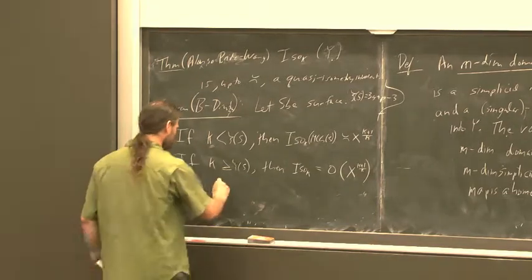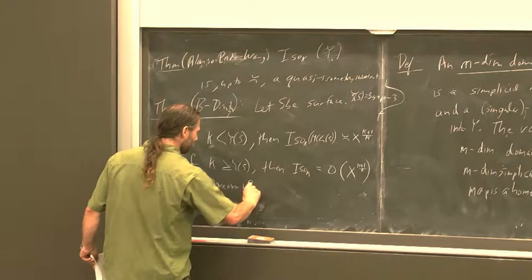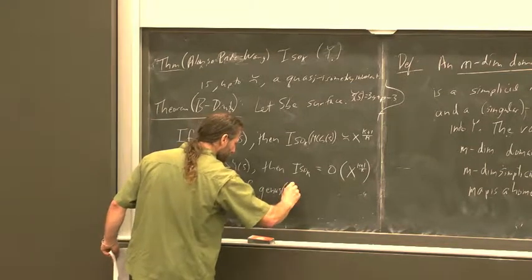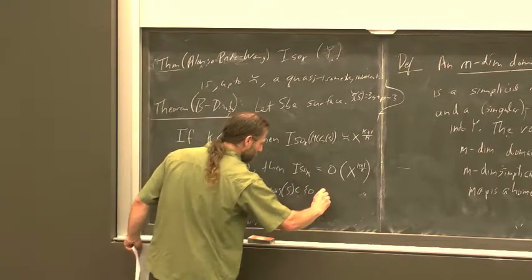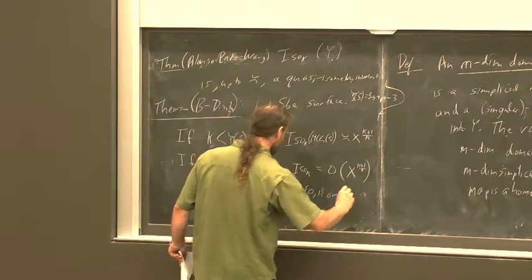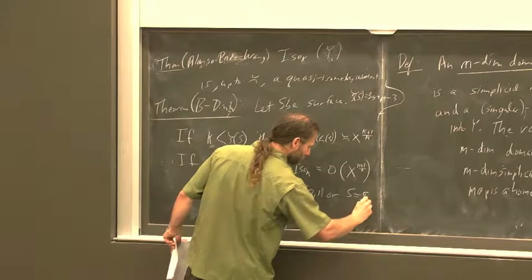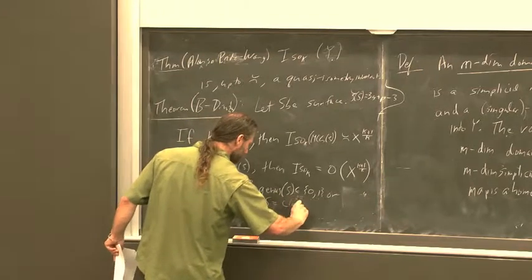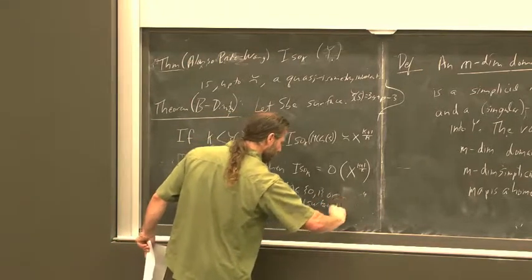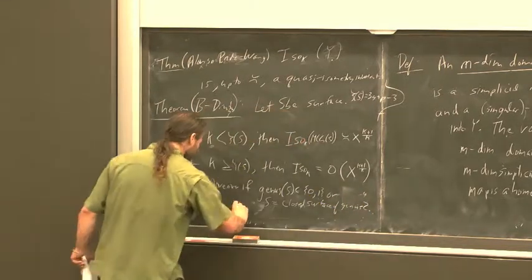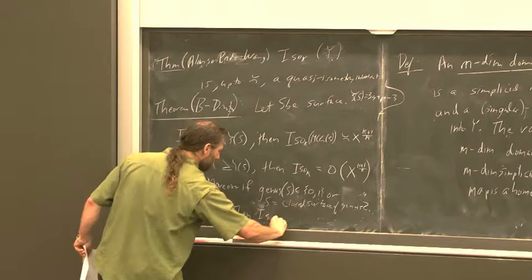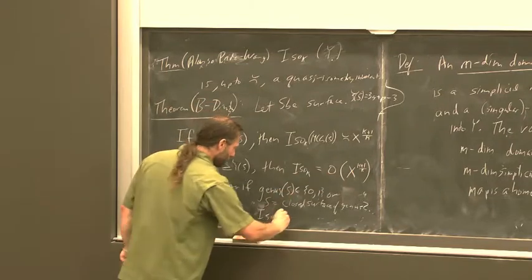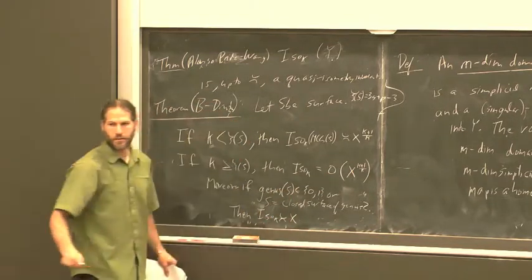And moreover, in some cases, if the genus of the surface is either 0 or 1, or S equals the closed surface of genus 2, then we can prove that these higher dimensional isoperimetric functions, when k is bigger than the complexity, are not just sub-Euclidean, but they're actually linear functions.